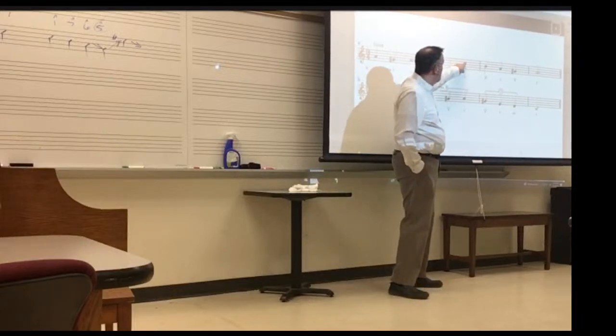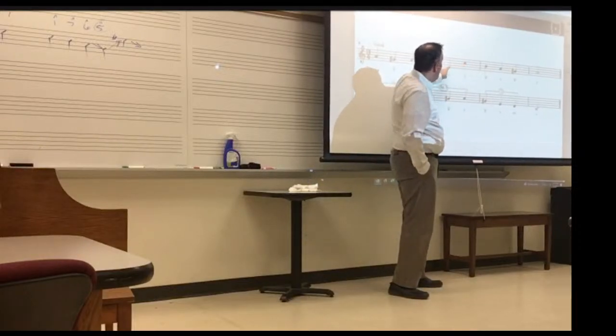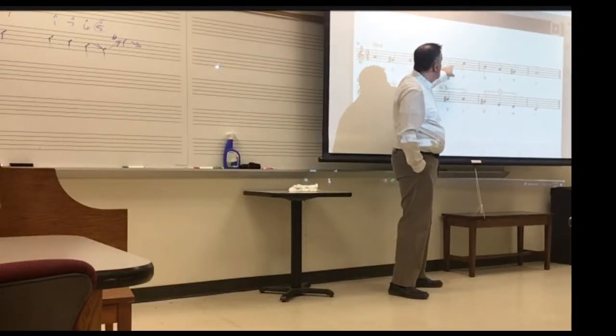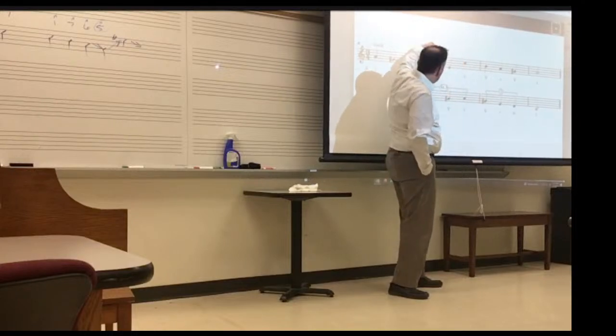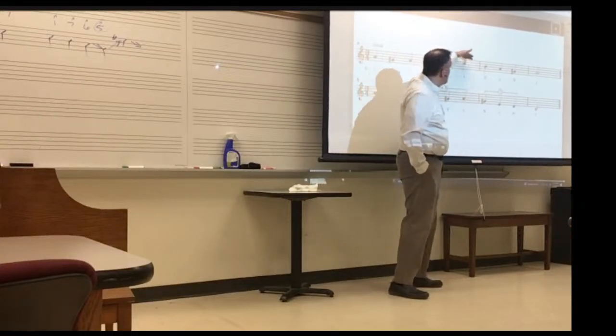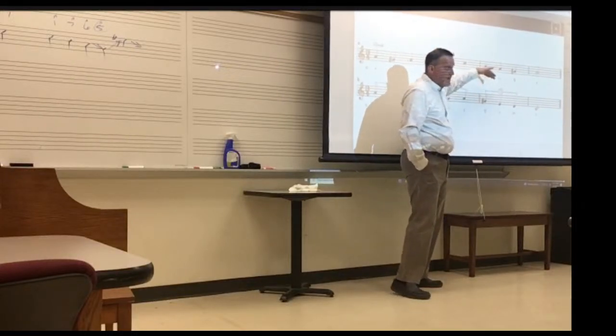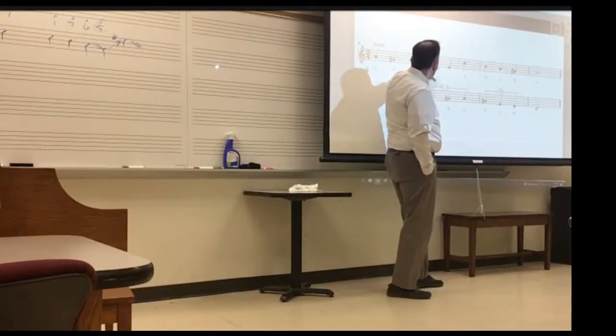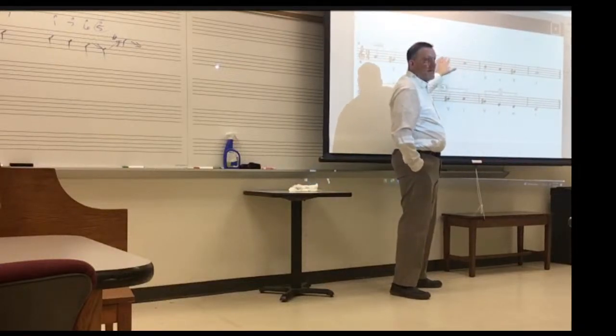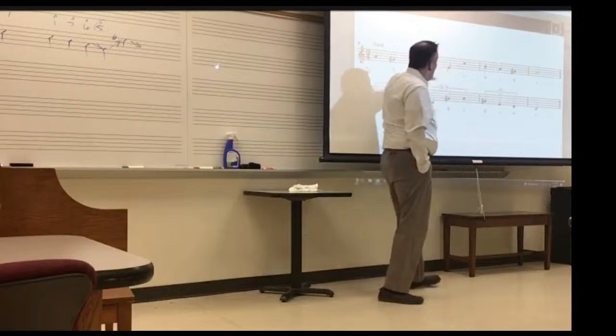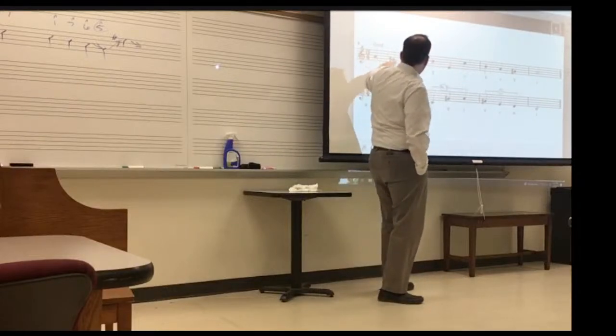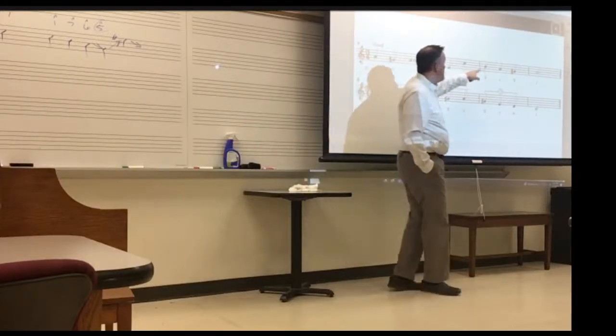It's a leap of a 6. That's approached in the opposite direction and left in the opposite direction. Now, we wouldn't normally have big leaps like that back to back, but the rest of it is all conjunct motion, all stepwise. So we have 2 big leaps here, but everything else is stepwise.